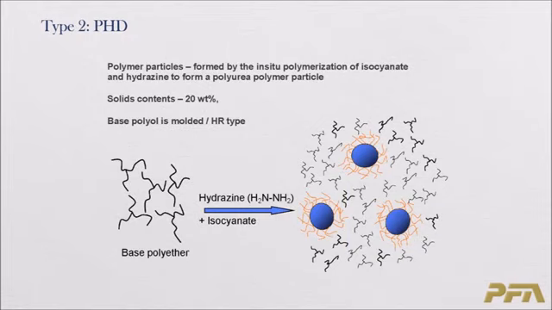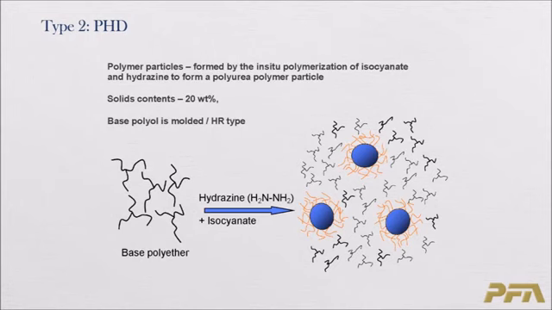The second type of polymer polyol, as I mentioned, was the PHD. That comes from the reaction of an isocyanate with hydrazine. So essentially you're making a polyurea dispersion, and you get some in situ grafting. Typically they're fairly low solids, but since it's a polyurea, it can benefit by giving improved fire retardant type properties.